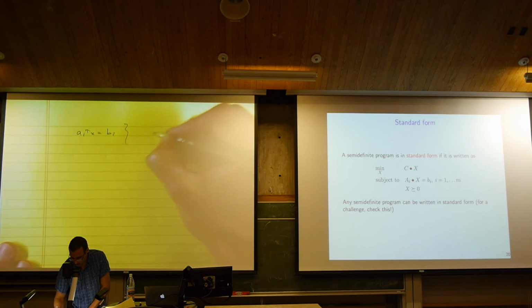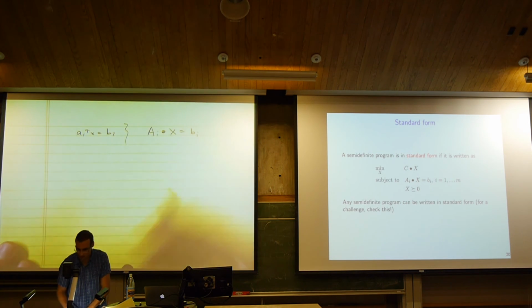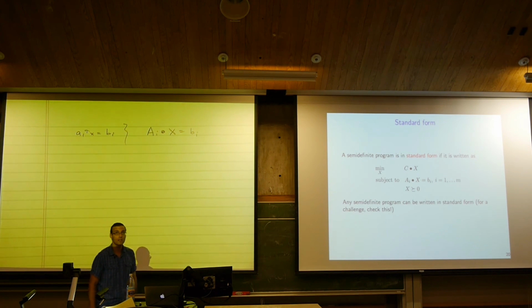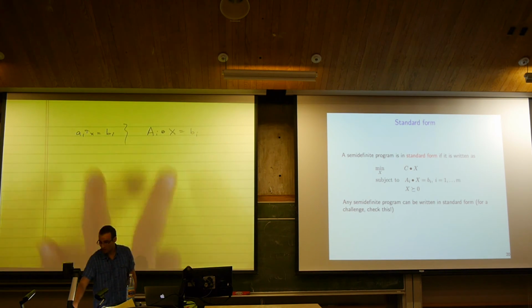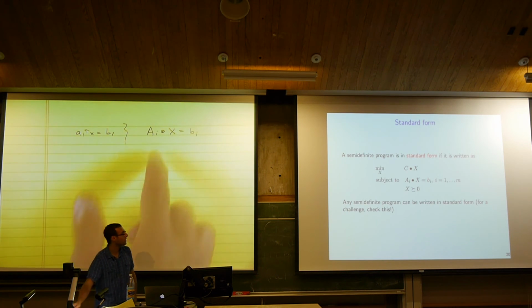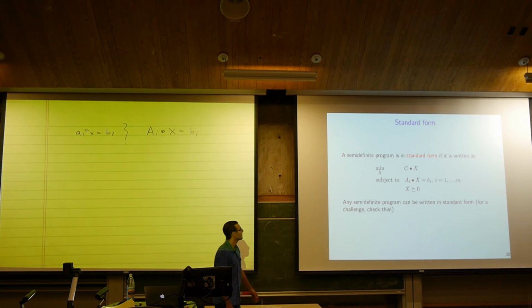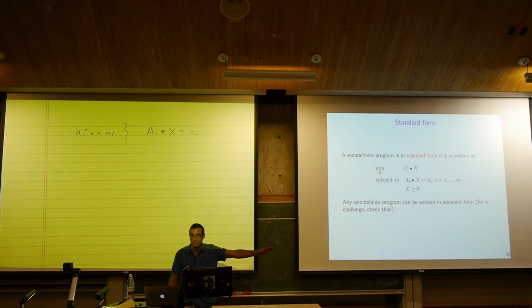The analogy now is a matrix A_i dot X equal to b_i. Those are the equalities that I'm allowing. So I think it's easy to remember what an SDP is, as long as you remember what an LP is, and what we mean by dot product and bigger than or equal to for matrices. That's standard form for an SDP.